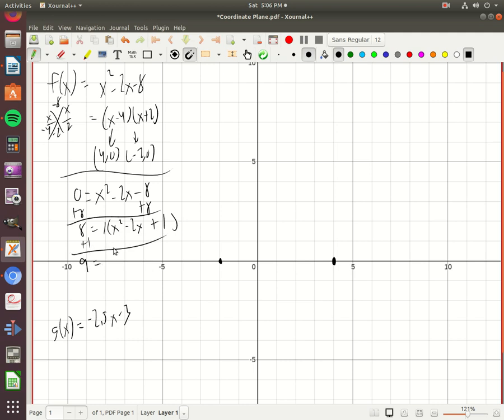I get 9 equals. If you make this a perfect square, you're going to get x minus 1 squared. I don't know if you guys noticed the shortcut, but once you have this perfect square here, it's just half of b that goes here. So this will be x plus half of b. I'll subtract 9, and I'm going to get 0 equals x minus 1 squared minus 9. So my vertex is going to be 1, negative 9.